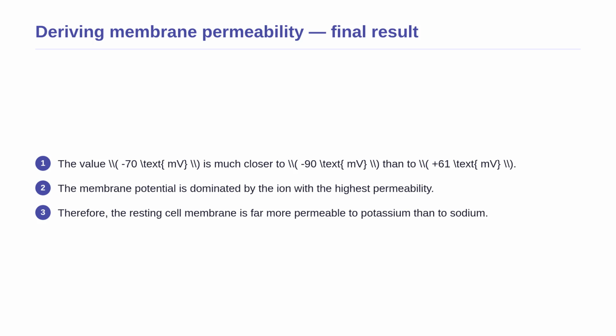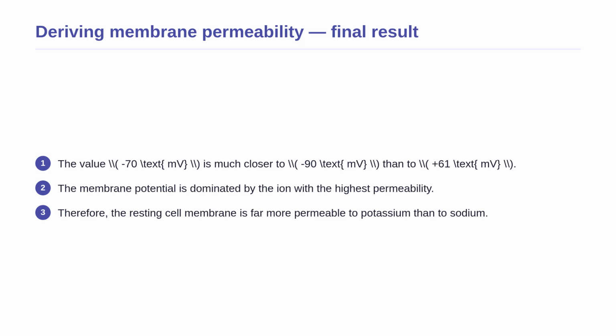Continuing our derivation, let us look at the final result. The actual resting voltage of negative 70 millivolts is significantly closer to potassium's negative 90 millivolts than it is to sodium's positive 61 millivolts. In physics, the overall membrane potential is always pulled closest to the equilibrium potential of the ion that can cross the membrane most easily.